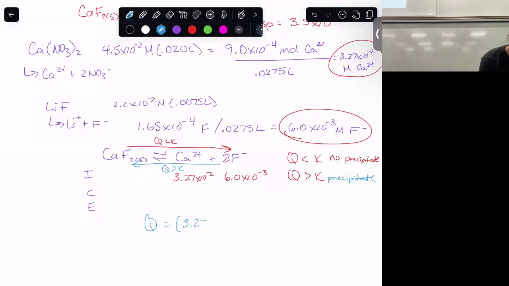Perfect. Here is where the squaring and that 2 comes into play. We're not double dipping here because we can't create more ions. It's just what we're given, but we do need to square it in this case so that we find the correct Q value.